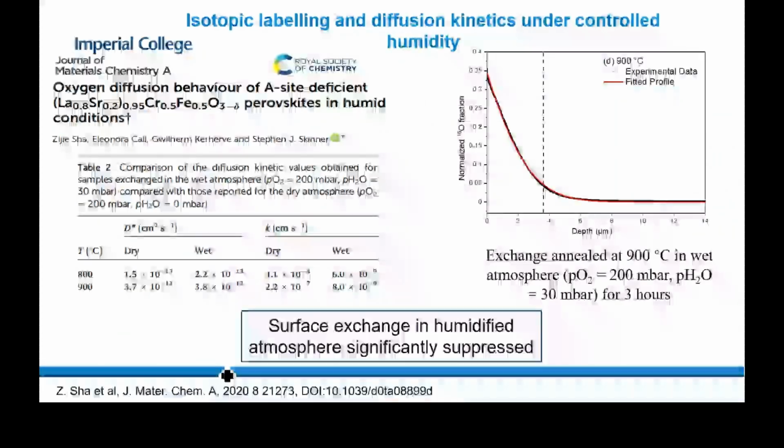We can then start to look at this material here, a lanthanum chromate perovskite, so an electrode material, which we've measured in humid conditions. We can create different gas mixtures, so oxygen with water at 30 millibar, oxygen with 0 millibar, and we can measure the diffusivity in the dry condition and in the wet condition.